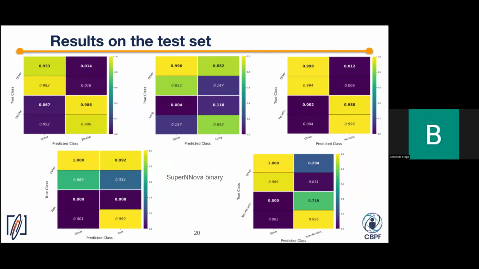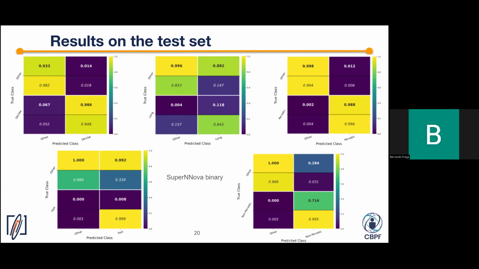And here you see the different binary classifiers. For each of those five broad classes, you see that the top left is for supernova-like, which performed very well. The top right is the variable stars, which again was good. And the bottom right is the non-periodic or AGN, which although the completeness is very nice, almost 100%, the purity is not that good.